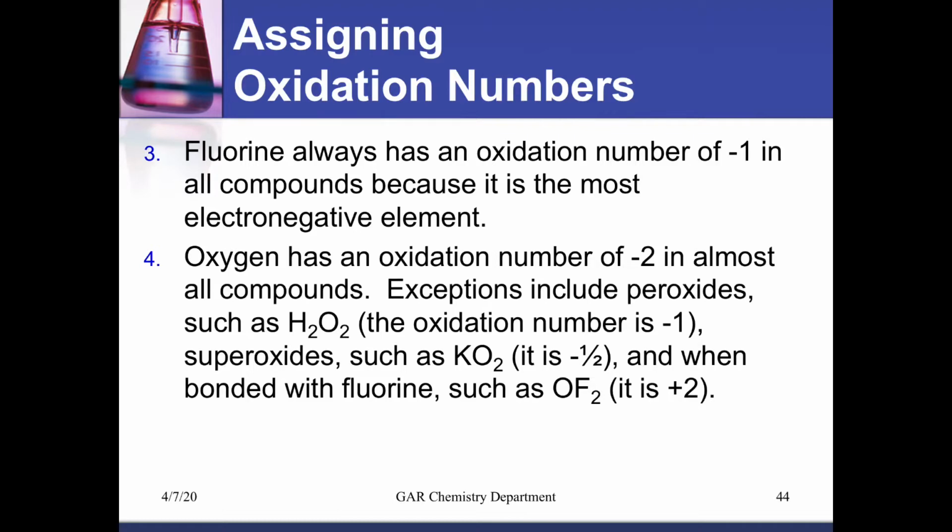For example, peroxides. Peroxides will always have 2 of a group 1 element bonded to 2 atoms of oxygen, for example, H2O2. The oxidation number of oxygen in this compound is -1. Superoxides, which have a group 1 element and 2 atoms of oxygen, always have an oxidation number of -1/2 for the oxygen.